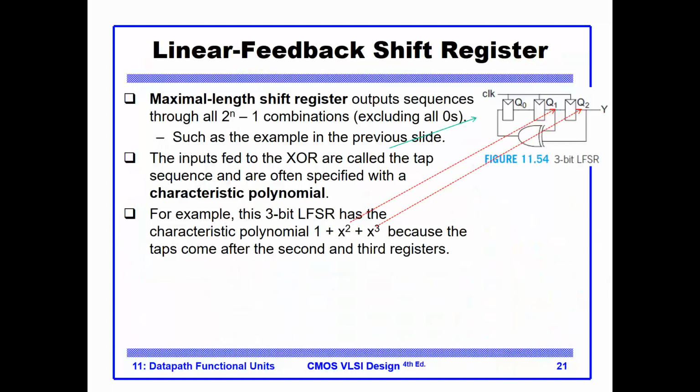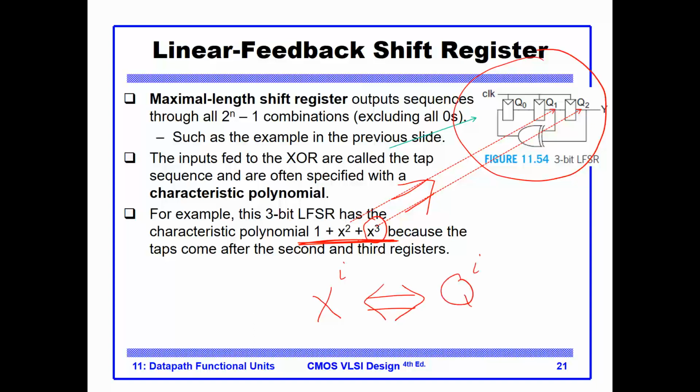Okay, now here's what I just said about these equations. These are mathematical polynomials, and this implements a mathematical polynomial. Okay, so now how do I translate this mathematical polynomial to hardware? I map x to the i to q i minus 1, and that q's output will go to the XOR. Notice x cubed, you will have this q2, its output will go to the XOR.